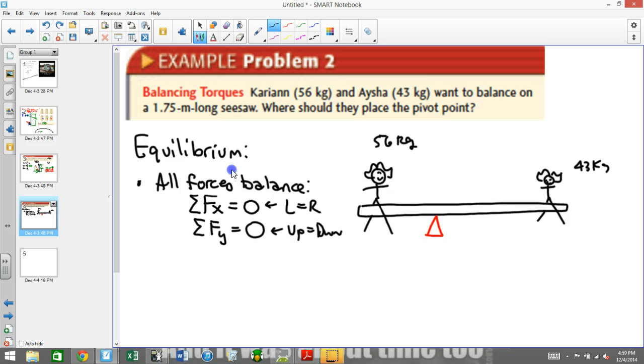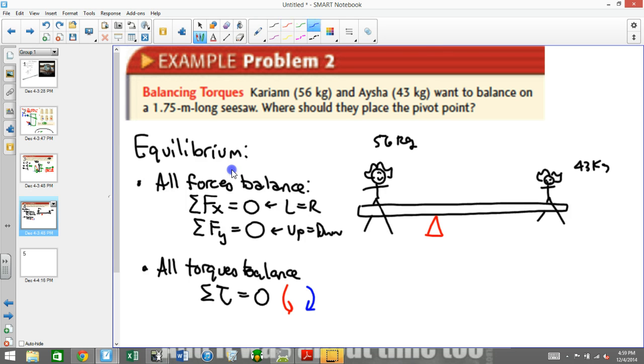And equilibrium also means that all the torques balance. Meaning that if you add up all the torques, that's a J, not a tau, they also have to equal 0, which means that all the clockwise torques have to equal all the counterclockwise torques.